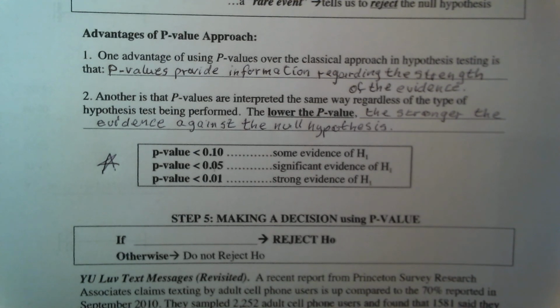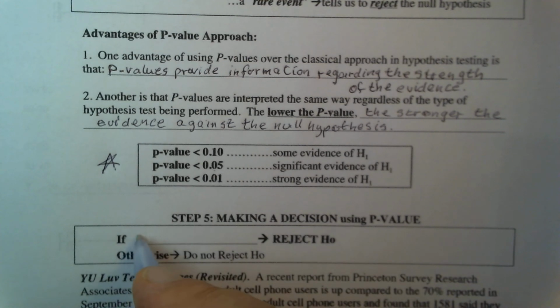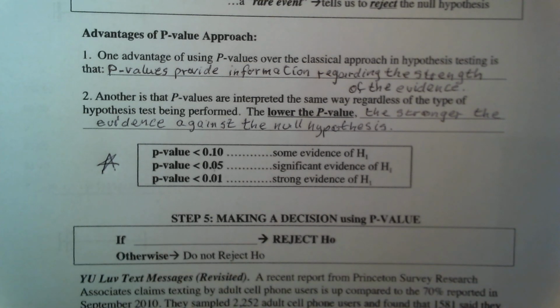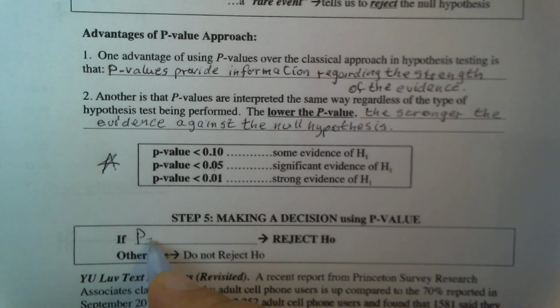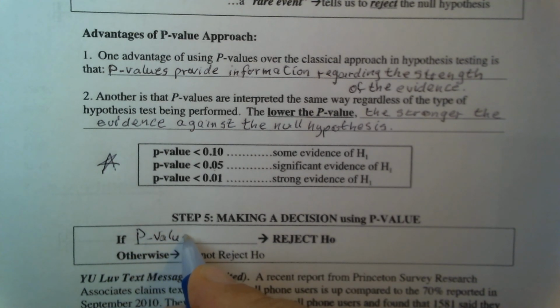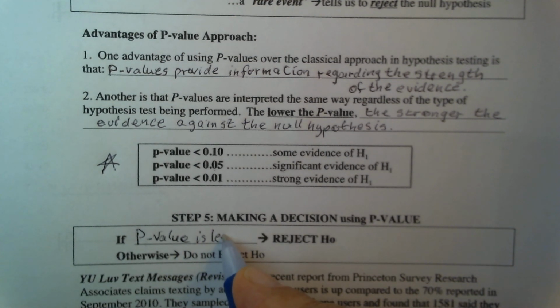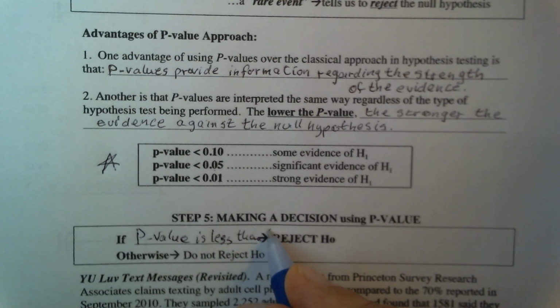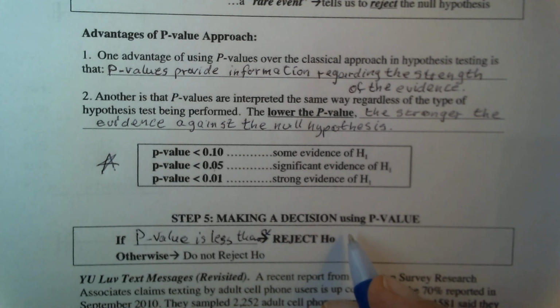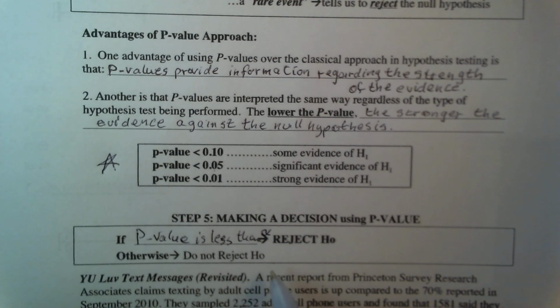So here, in step 5, making a decision using the p-value, what we're doing is we compare the p-value to the significance level alpha. If the p-value is less than alpha, we reject the null hypothesis.